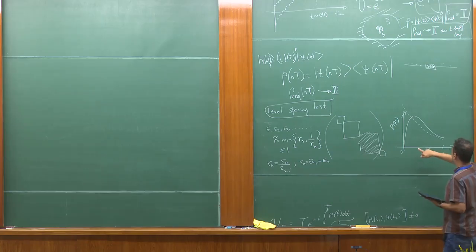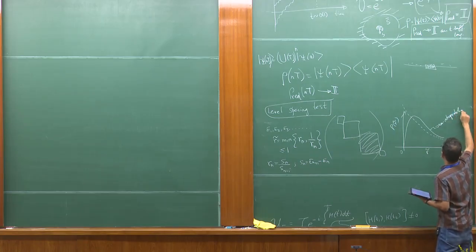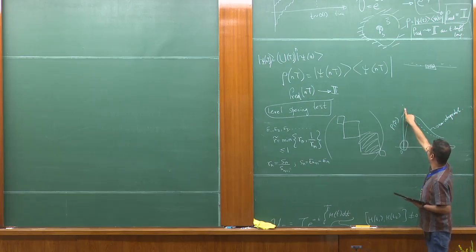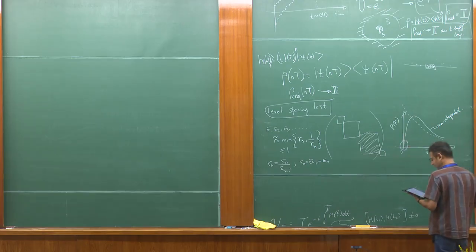The important thing here is that for a non-integrable theory, the weight here goes to 0, which signifies level repulsion, whereas for an integrable theory, there's actually a lot of weight here, which signifies the absence of level repulsion. That's the most important thing to take from this graph.